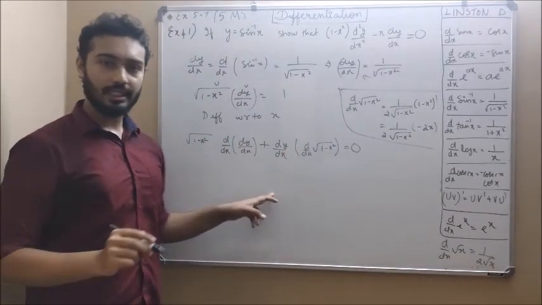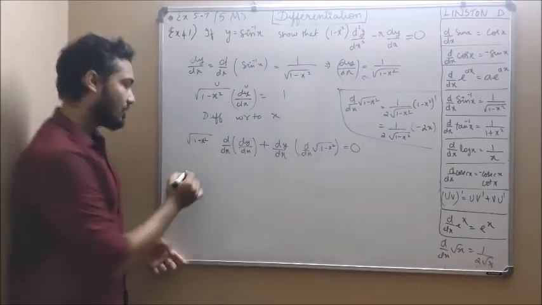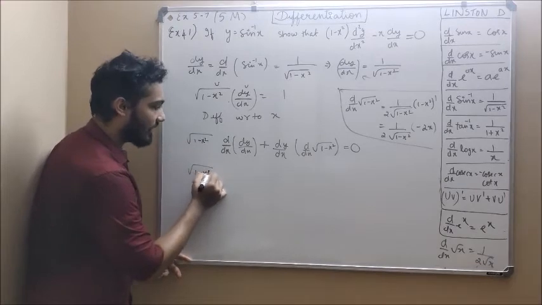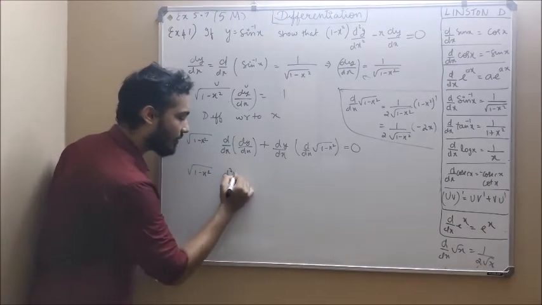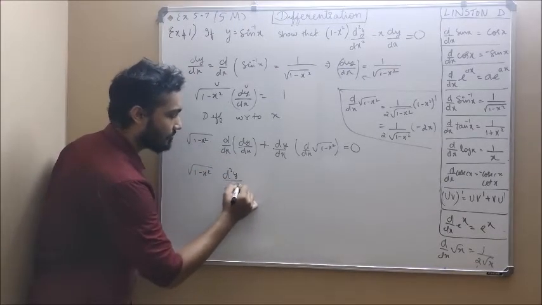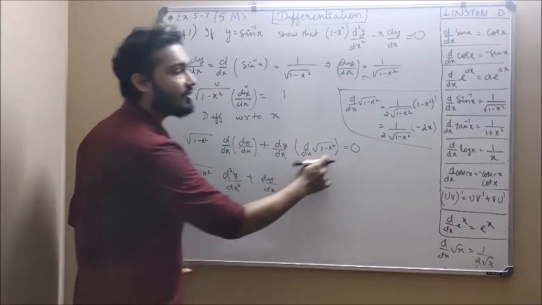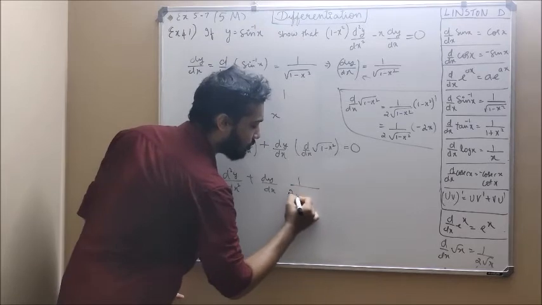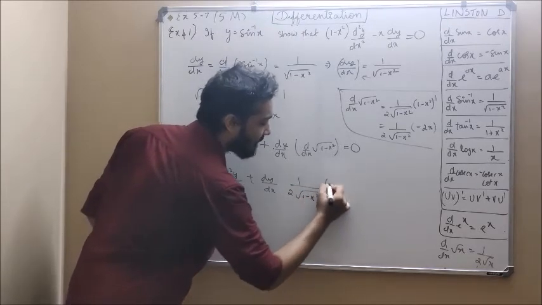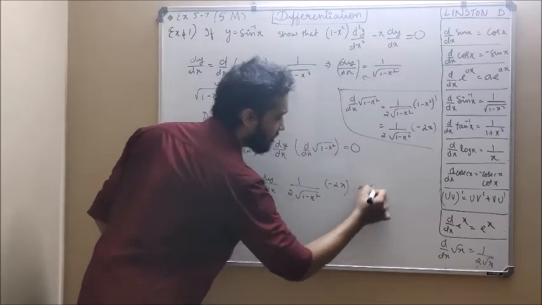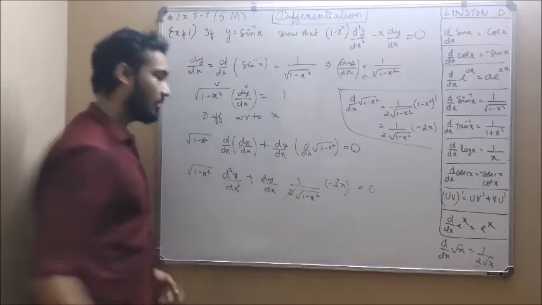So we have to substitute it here. So continuing, next step. It is root of 1 minus x square into d square y by dx square plus dy by dx into 1 by 2 root of 1 minus x square into minus 2x equal to 0. Now 2 and 2 will cancel.